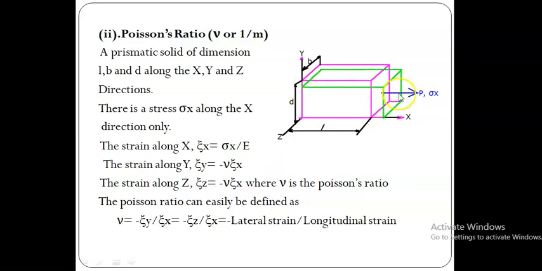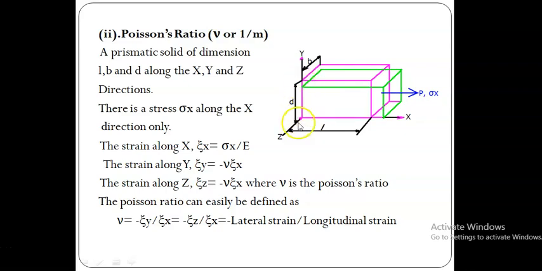Now, because of this pulling along the x direction, what happens in the lateral directions, along y and z? You see that this is the initial dimension d, whereas after the body is subjected to pull, it is elongated and the depth d gets reduced.